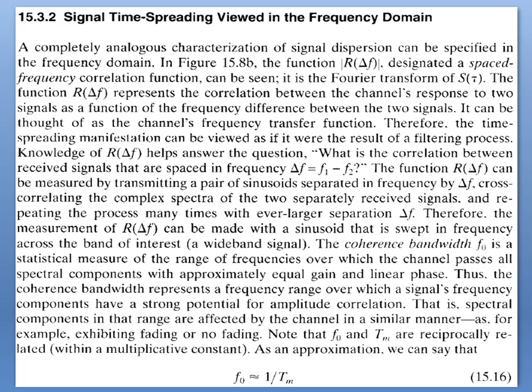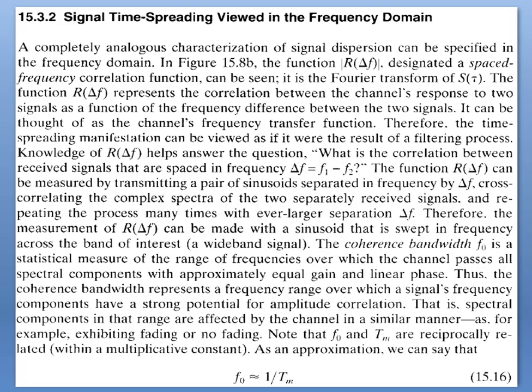This model is referred to as the dense-scatterer channel model. For such a model, coherence bandwidth is defined for a bandwidth interval over which the channel complex frequency transfer function has correlation of at least 0.5 to be f0 equal to 0.276 by σ_τ. A study involving ionospheric effects employed the equation f0 equal to 1 by 2π σ_τ. A more popular approximation of f0, corresponding to a bandwidth interval having correlation of at least 0.5, is f0 equal to 1 by 5σ_τ.